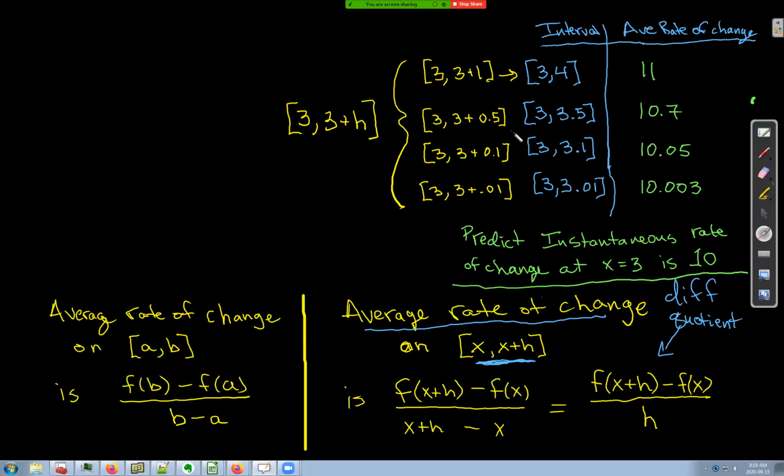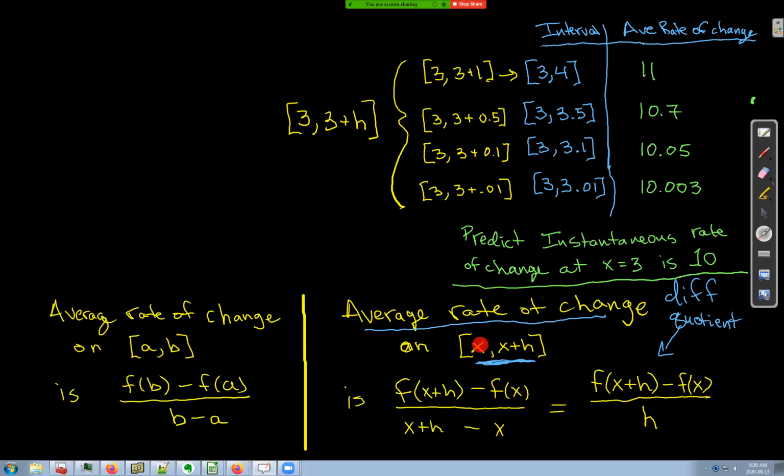So this interval is 3 and 3 plus something, and all of these intervals fit the same form: 3 comma 3 plus something.